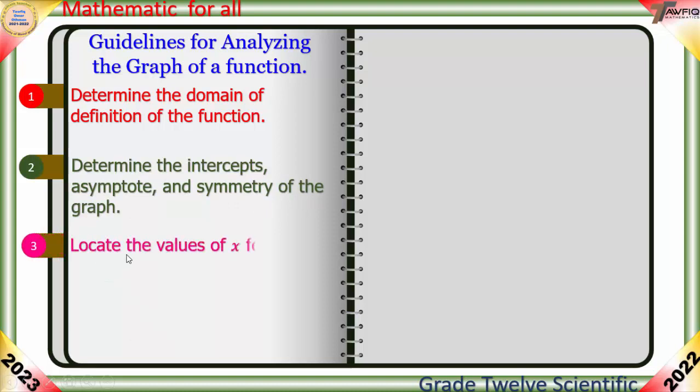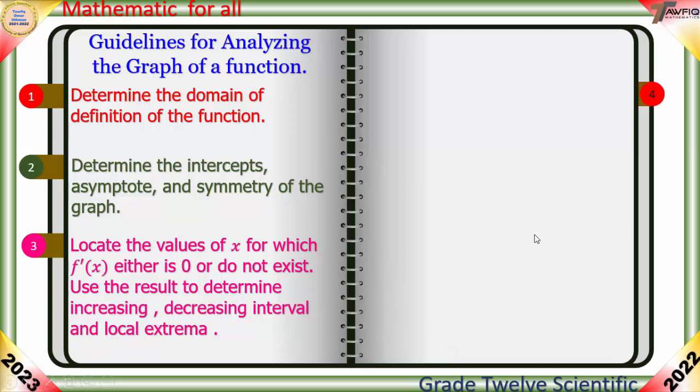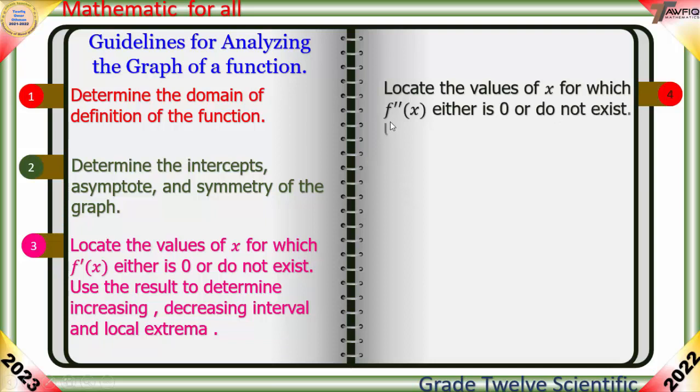Locate the value of x for which f prime of x either is 0 or does not exist. Use these results to determine increasing, decreasing intervals and local extrema. Locate the value of x for which f double prime either is 0 or does not exist.